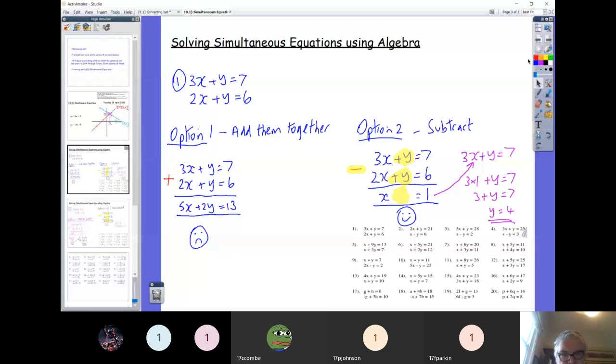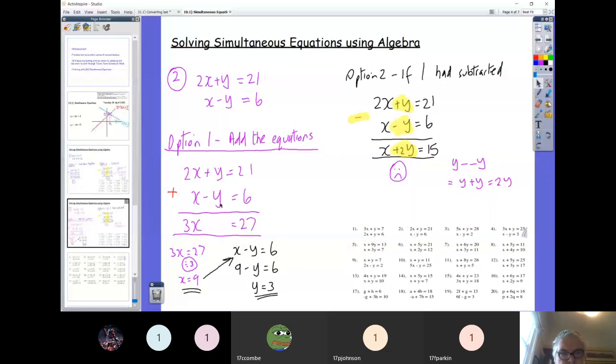So 2x plus x is 3x. Now, y added together with minus y is y take away y. All right, when you're adding a minus, that becomes a minus. So what we've actually got here is y taking away y, which is nothing. And that's what we want. We want to eliminate one of the two variables. Okay, so plus y added together with minus y is nothing, and that's good news.